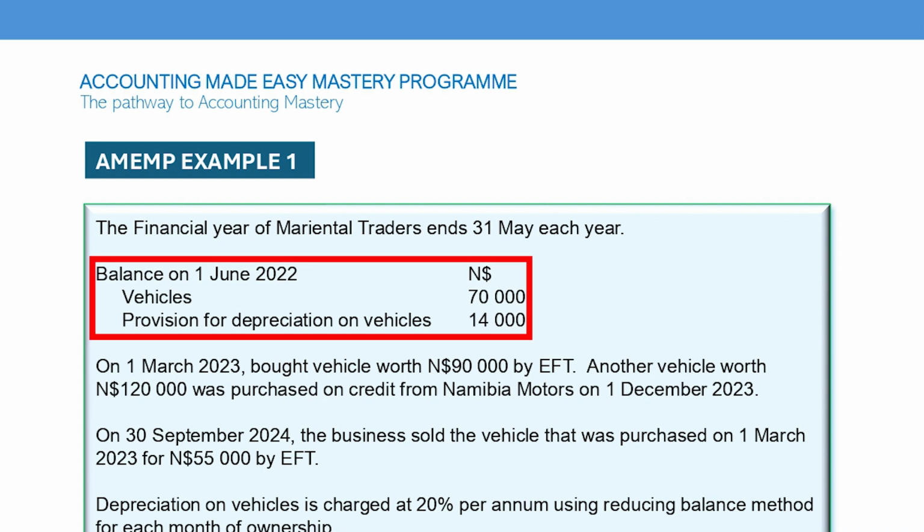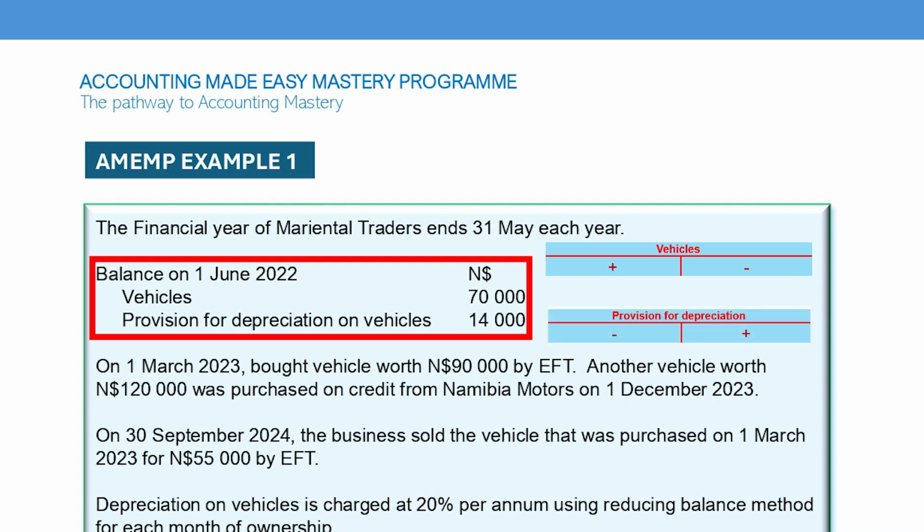The second thing that you need to understand when you approach this question is the balances. Most of the questions in accounting have balances, and so balances are very vital. So in this case, the balance is on the 1st of June 2022. And the principle that governs balancing is that balances are recorded on the side where the account increases. So we know that the vehicle account increases on the debit side, and we know that the provision for depreciation account is a negative asset which increases on the credit side.